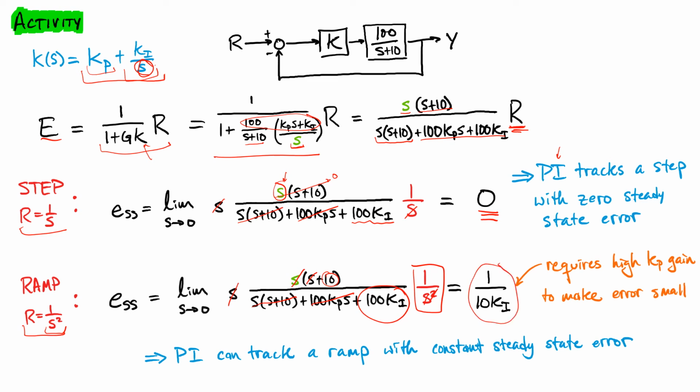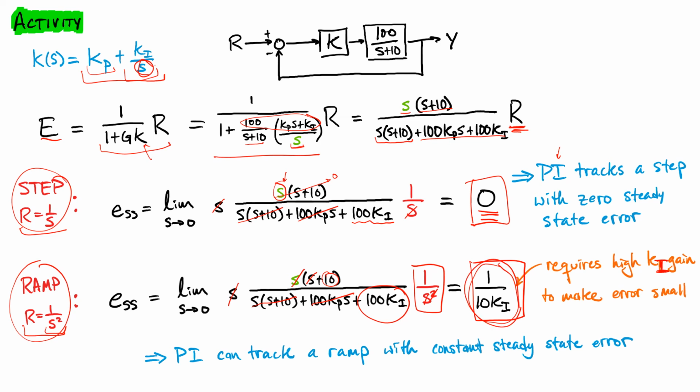What this is saying is that now that we've gone from a step up to a ramp, we can't track with zero steady state tracking error anymore. Now we track with a finite error, and it goes like 1 over 10 k_I.